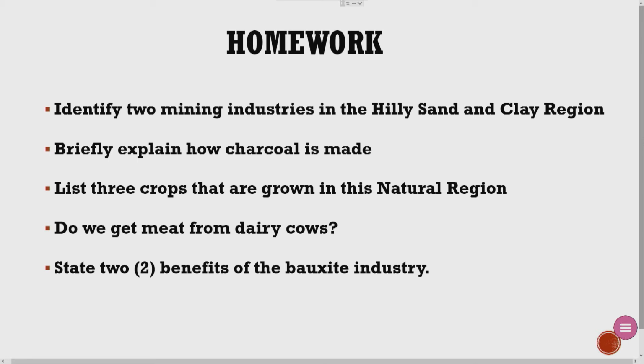List 3 crops that are grown in this natural region. Do we get meat from dairy cows? State 2 benefits of the bauxite industry.